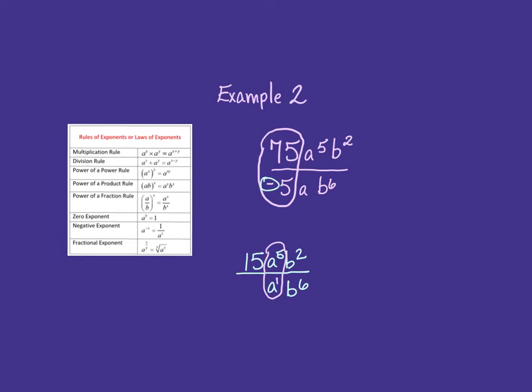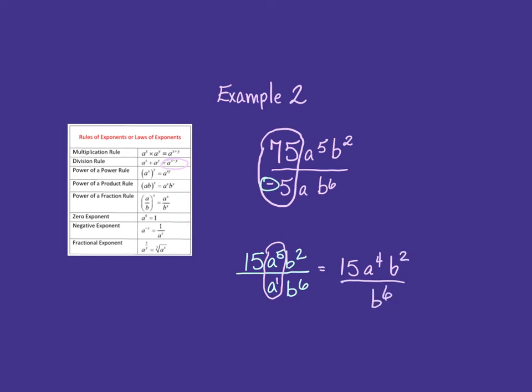So this is using our division rule again, where we subtract our exponents. So we're just going to do 5 minus 1, which will give us a to the 4th. So now we have 15 a to the 4th times b squared over b to the 6th.